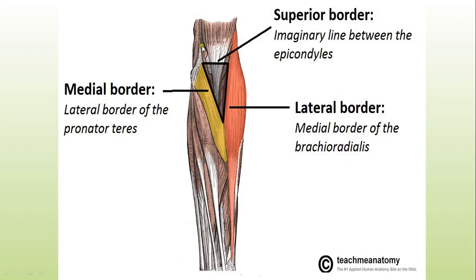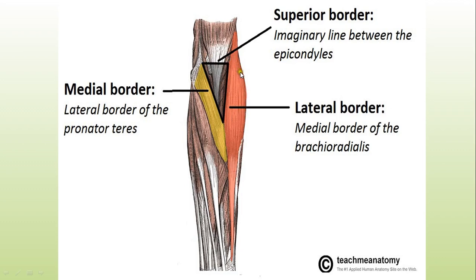In this figure, you can clearly see the boundaries of the cubital fossa. You can see when the elbow is extended, a triangular depressed area is present. This triangular area is called the cubital fossa. The superior border is formed by an imaginary line passing between the medial and lateral epicondyles of the humerus.